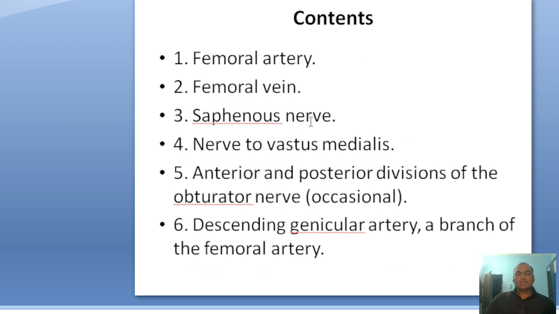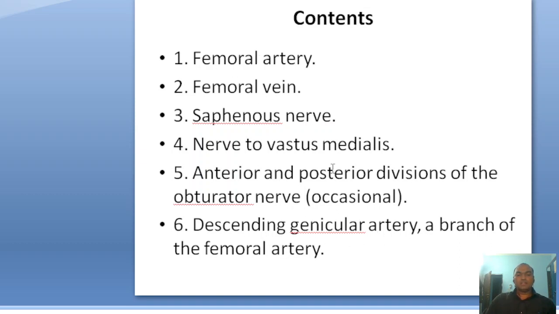Contents: in this canal, the femoral vessels, femoral artery and femoral vein, pass through. The saphenous nerve crosses the femoral vessels. Also present are the nerve to vastus medialis, a branch of the femoral nerve, and occasionally the anterior and posterior divisions of the obturator nerve. Another important structure is the descending genicular branch of the femoral artery.